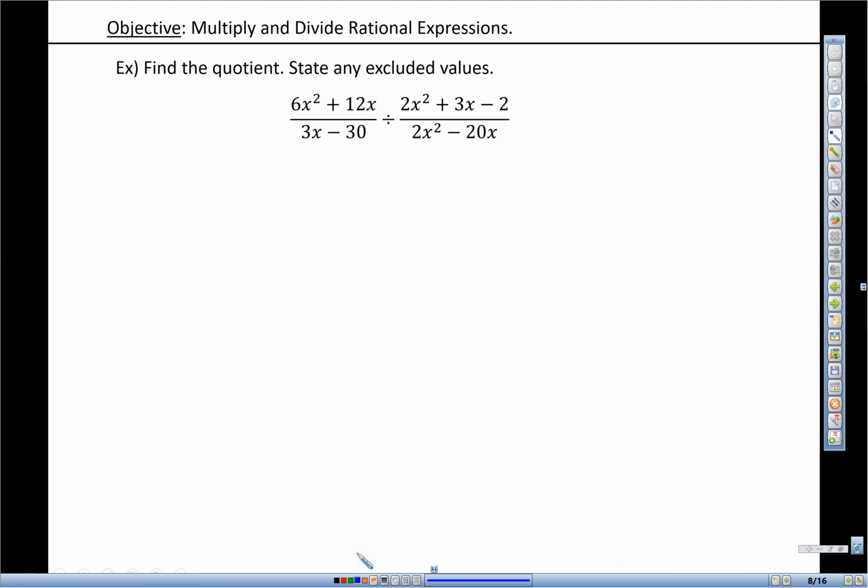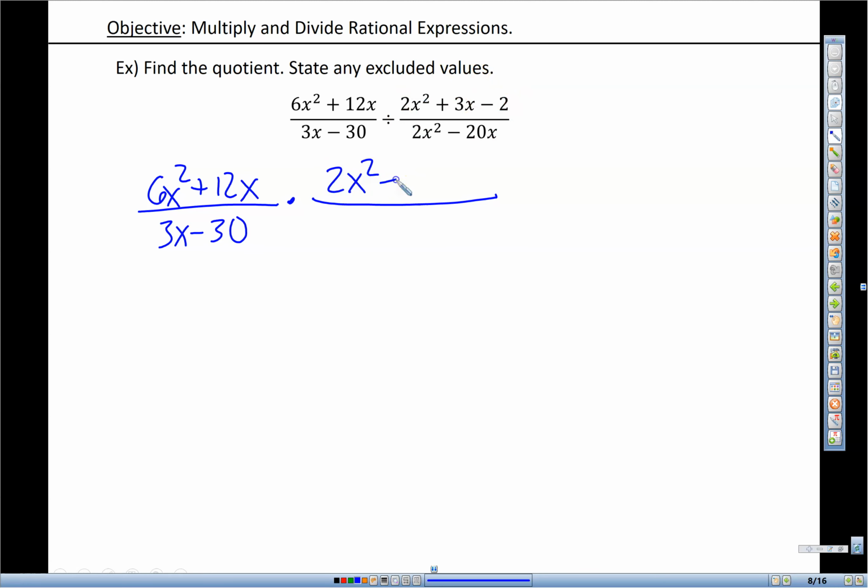I'll kind of break it down just for clarity in the example here. So I am going to first rewrite this as a multiplication problem. So remember, our first ratio remains the same. Division becomes multiplication, and then I flip my second ratio here. So my numerator is now the 2x squared minus 20x, and the denominator is the trinomial.